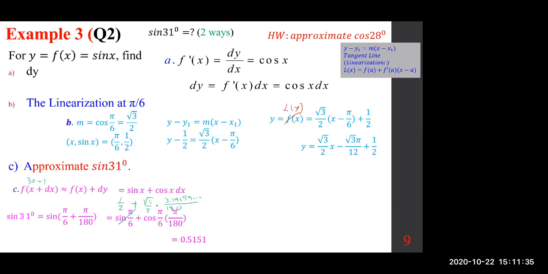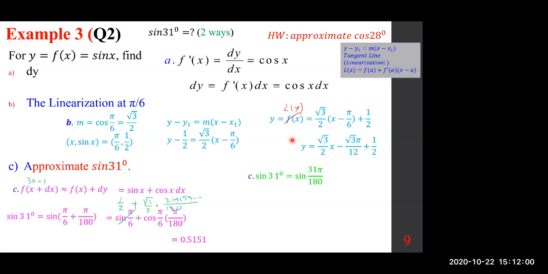All right. If we want to go with the linearization, L of x, remember what we want. We want L of x at 31 degrees. So you use this formula L of x. What is x? x is 31 degrees. 31 degrees is what? 31 pi over 180. I want you to know that.